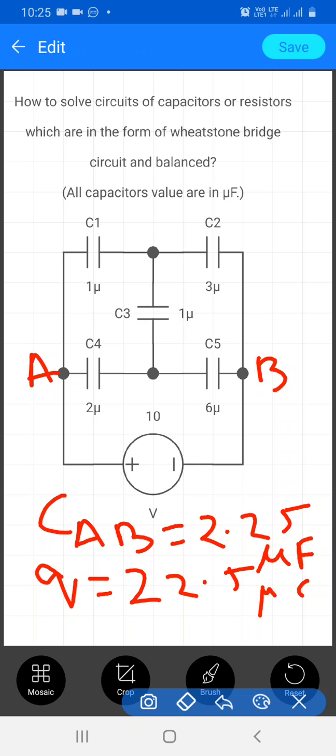And you can also find the energy stored by capacitors by using the formula half C equivalent into V square, and also charge stored by C1, C2 and C4, C5, because C1 and C2 in series, so same charge will be stored, as well as C4 and C5 are in series, so same charge will be stored. So depending upon the capacity of C1 and C2 in series as well as C4 and C5 in series, the charges will be distributed. Total charge supplied is 22.5 microcoulomb, and you can do that one.